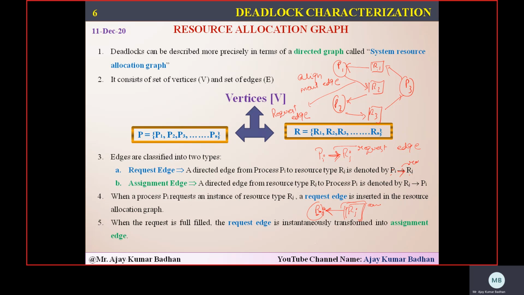We call it a request edge. And from the resource, if the arrow is going towards the process, that is an assignment edge. So whenever a process requests a particular resource, it will be represented like P to R. And once the operating system assigns this resource to this particular P, then the edge will be converted into this direction.